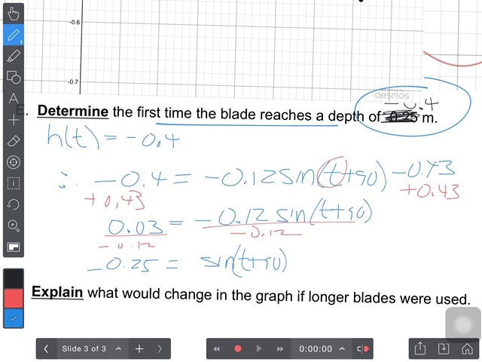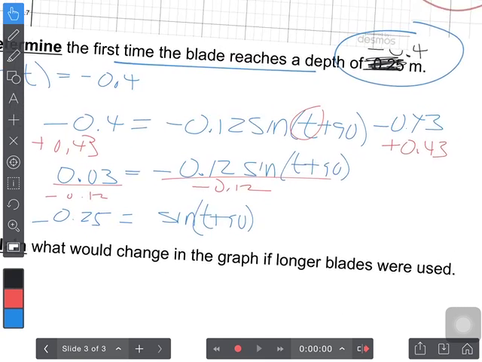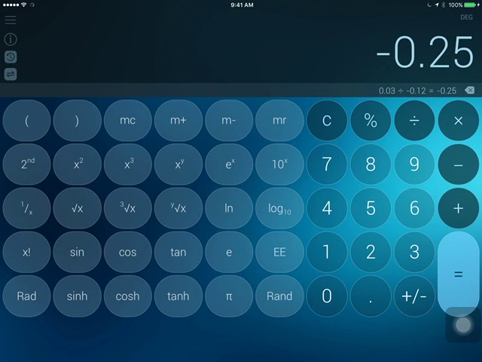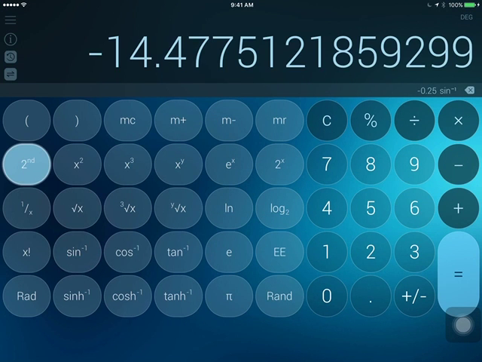Now we're looking for the angle, so we're going to do sine inverse here. We take sine inverse of both sides. So my next step is t plus 90, the angle, equals sine inverse of negative 0.25. If I go back to my calculator, I just take that answer and do sine inverse, and I get negative 14.5.